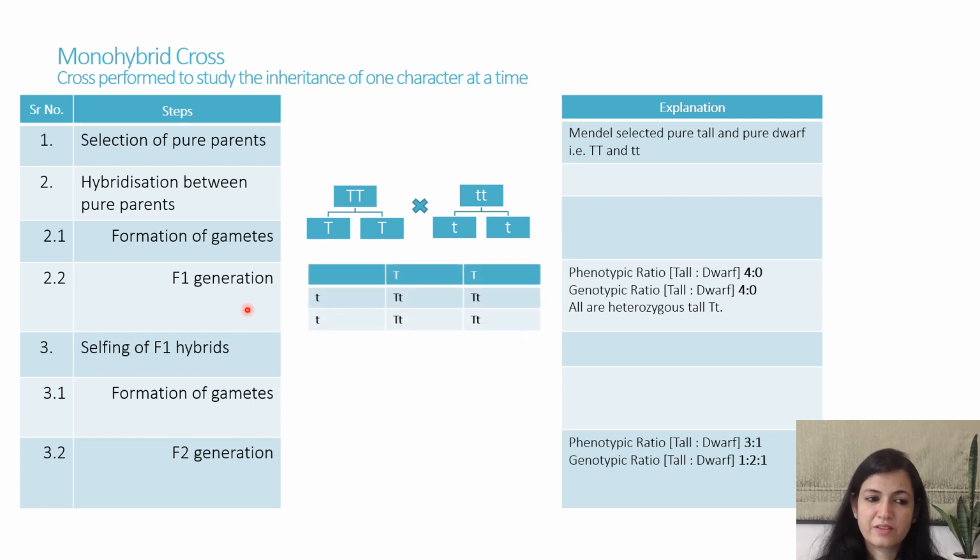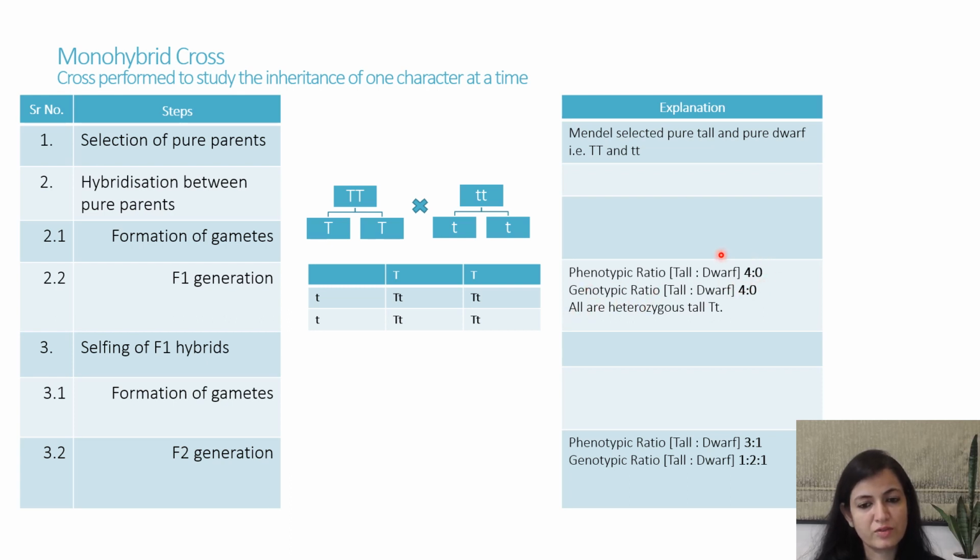Now in the F1 generation, the progenies obtained from this cross, all four progenies, we can see over here, when the cross is performed between these gametes, we will get all the same offsprings with the genotype capital T small t. That is, all the offsprings will be heterozygous tall. And so we can say that in the F1 generation, the phenotypic ratio is 4:0, and the genotypic ratio is 4:0.